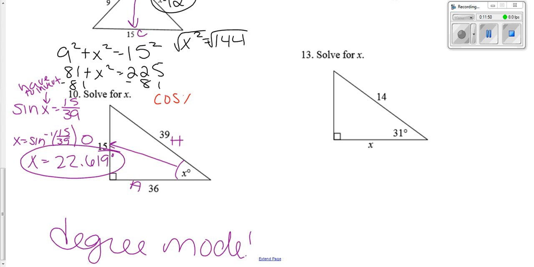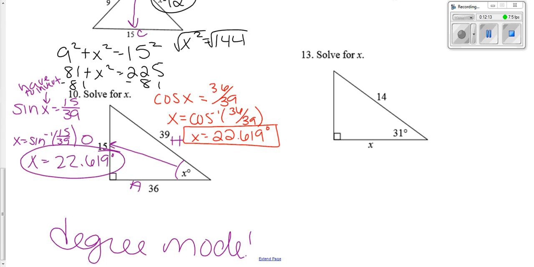All right, say I wanted to solve this using cosine. Then the cosine of x would be 36 over 39, and still I'd have to use my inverse. So cosine inverse of 36 over 39, still in degree mode, and I still get that x equals 22.619 degrees.